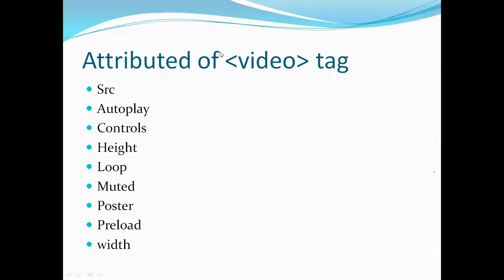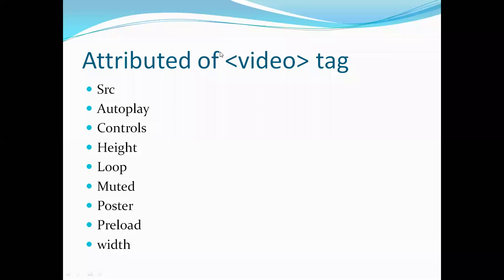Next, muted specifies that the audio output of the video should be muted. Last, poster specifies an image to be shown while the video is downloading or until the user hits the play button. That is the poster attribute. Second last, preload.